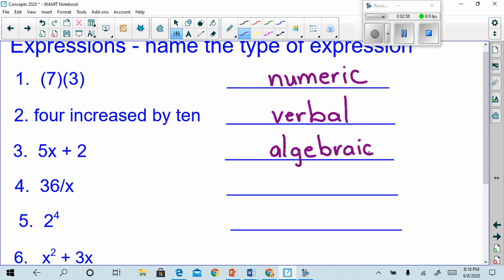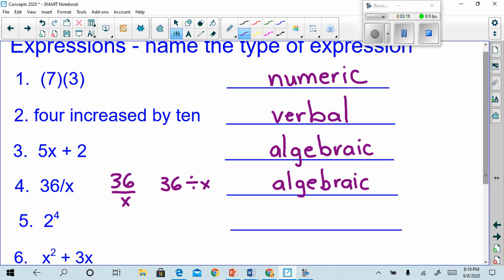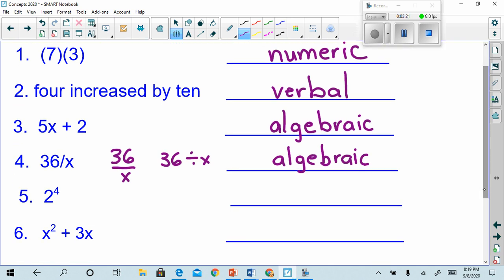This next one is 36 divided by x, sometimes seen in this form. And again, I see the operation division, and I also see a variable. So that makes this an algebraic. Going on to number 5, 2 to the 4th power, it's a numeric.